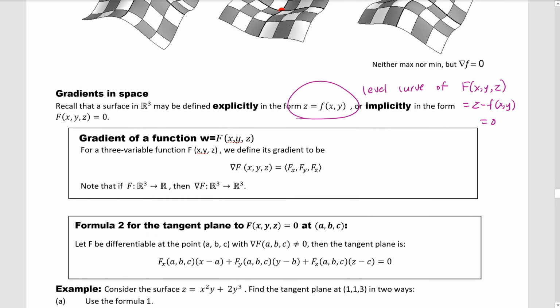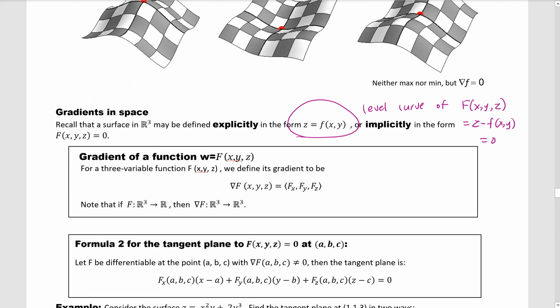Why is that? Do you remember that if z equals f of x, y, and we have a level set, then the gradient vector of f will be perpendicular to the level set? So it means it's perpendicular to the tangent line. This is in R2.